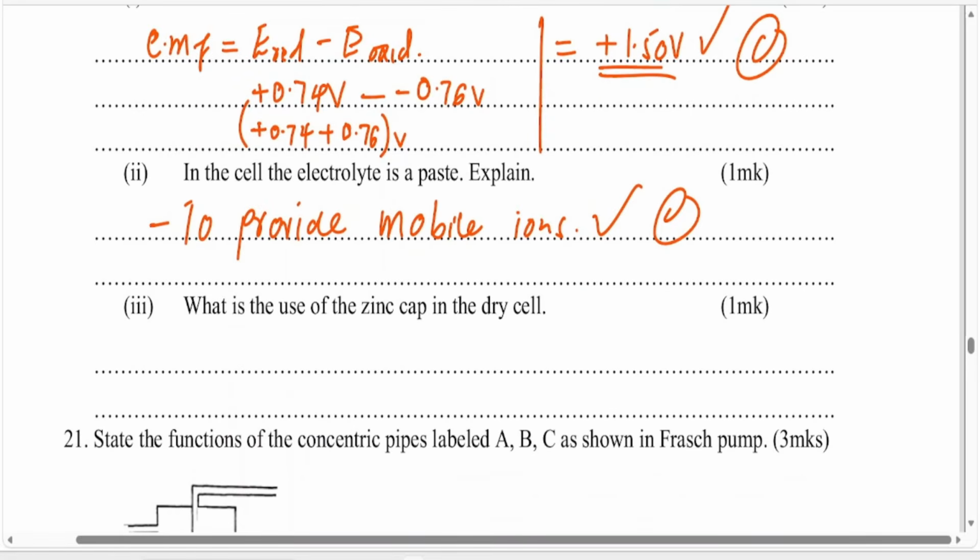Part 3. What is the use of the zinc can in the dry cell?